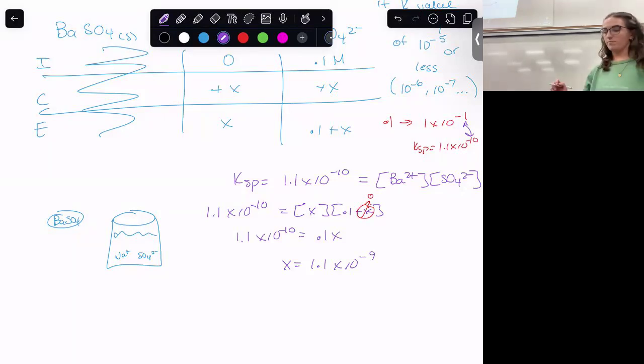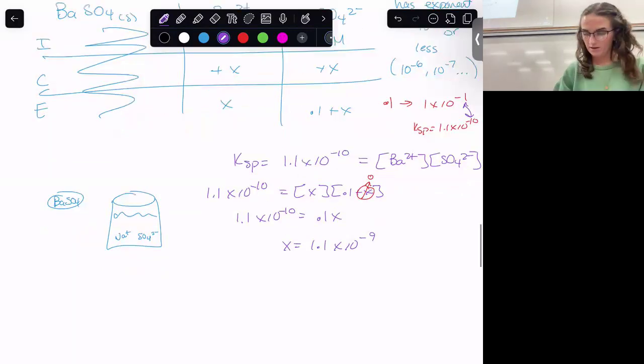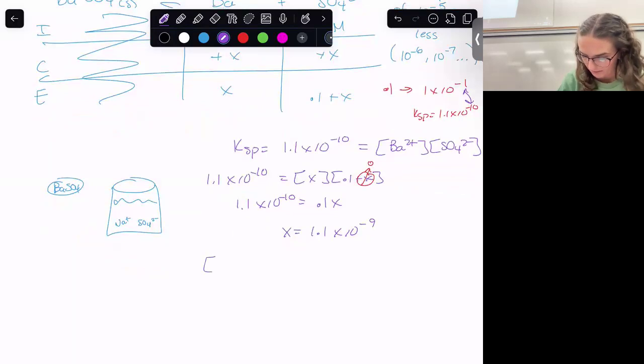Okay. So at equilibrium, what does this mean? That means that the barium ion concentration is equal to x, which is 1.1 times 10 to the negative 9th.